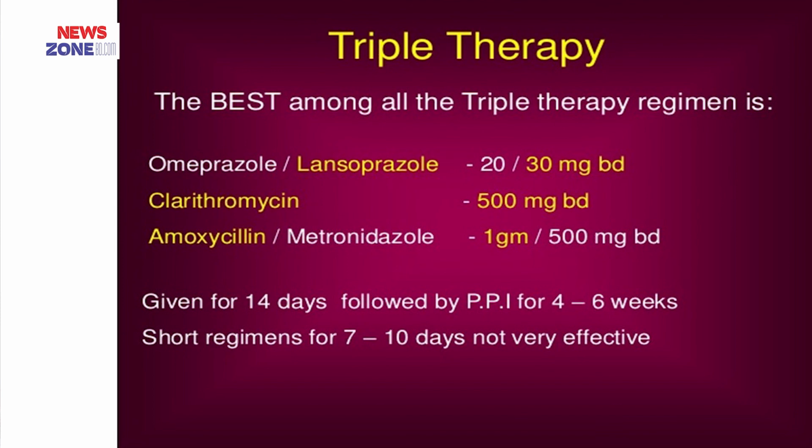Omeprazole 20 mg or lansoprazole 30 mg twice daily, clarithromycin 500 mg twice daily, amoxicillin 1 gram twice daily, given for 14 days, followed by PPI for 4 to 6 weeks. Short regimen is 7 to 10 days.